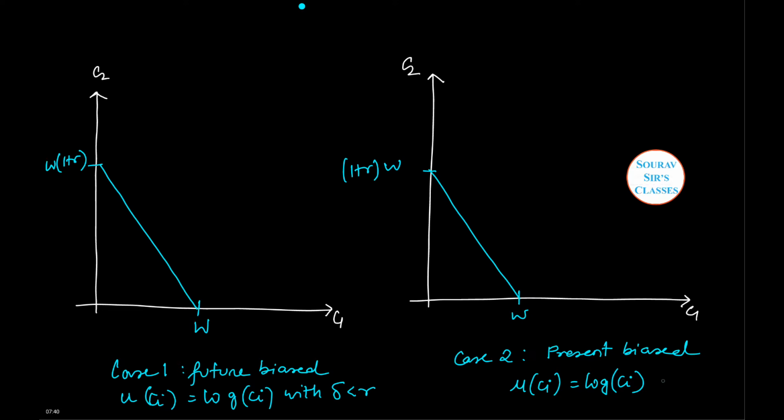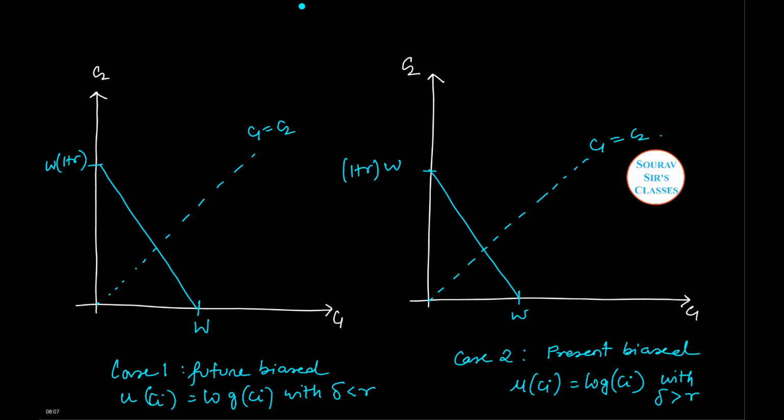And the opposite will happen when the discount factor is greater than the interest rate. So let us make the 45-degree line first, which denotes C1 equal to C2. In this case also, I'll do the same, indicating C1 equal to C2.